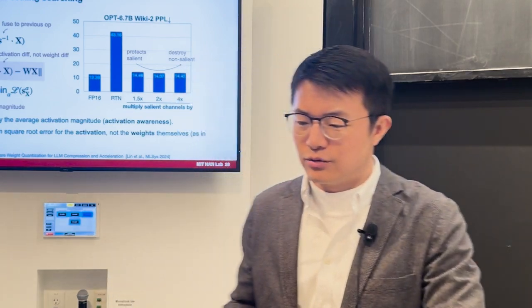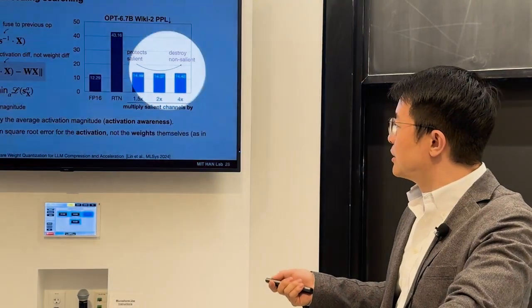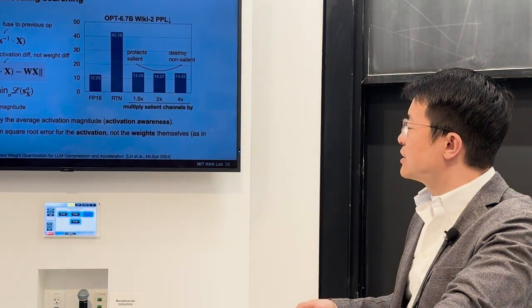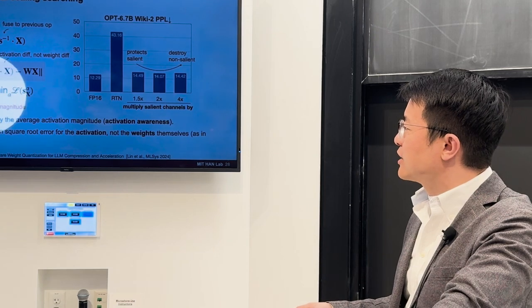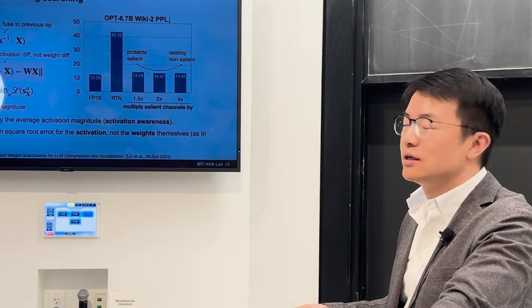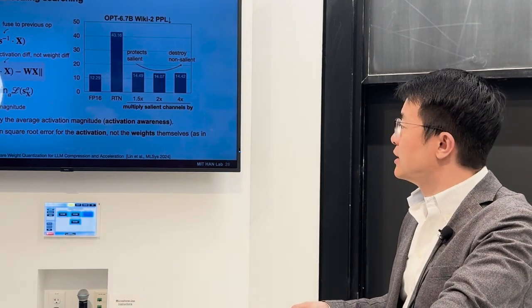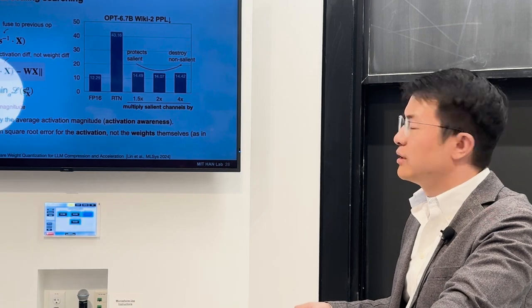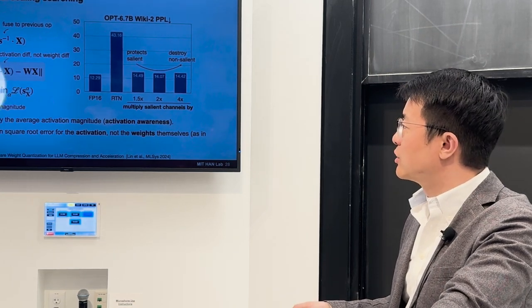So the next question is, we need to search for the best scale. How do we scale the activation? Here is a recipe. The scaling factor s is the average activation magnitude of x, where x is the activation, to the power of alpha.